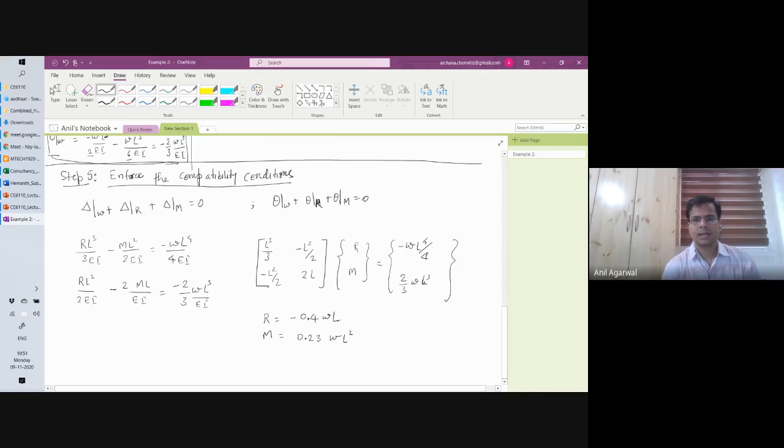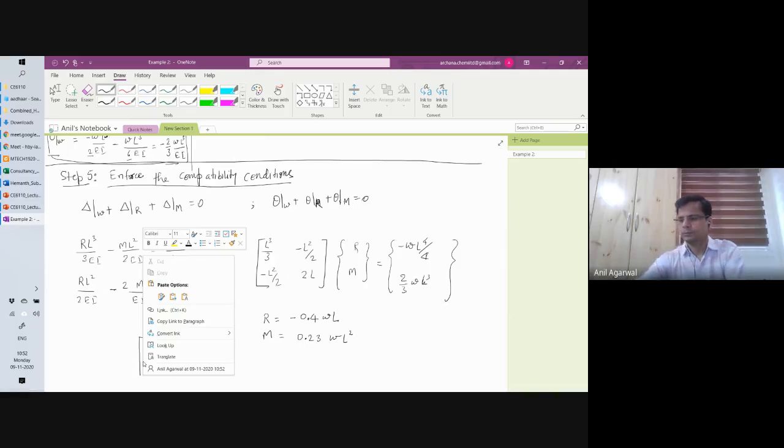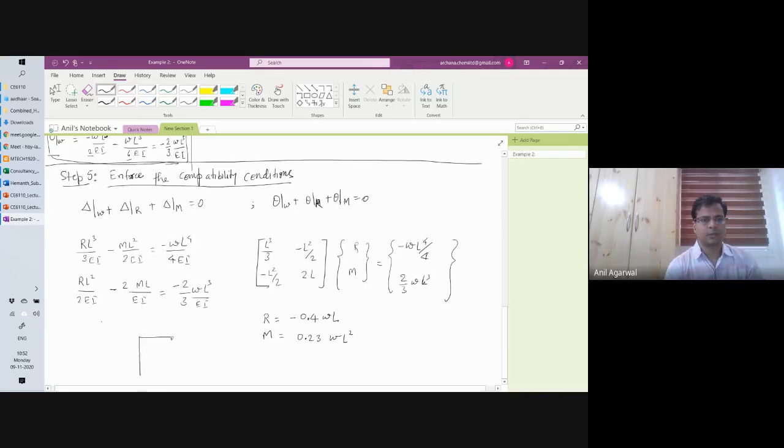Okay. What does the sign mean here? When I was studying the solution, I had assumed an R value in this direction and an M value in this direction. So M is correct in the sign, but R is wrong.